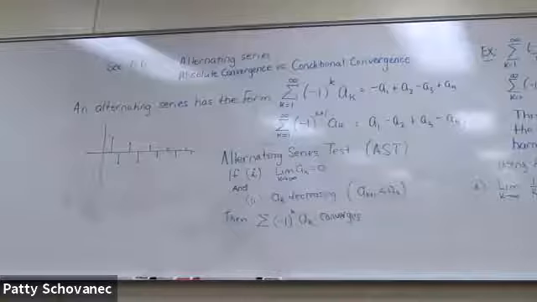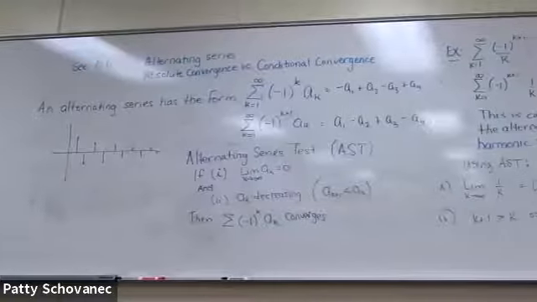So that part checks off. I check the decreasing part. I know that k plus 1 is bigger than k, so 1 over k plus 1 is smaller than 1 over k, which means it's decreasing. Boom. By the alternating series test, this one converges.